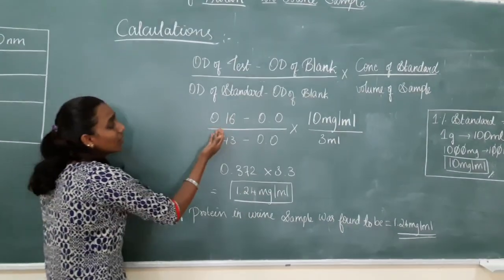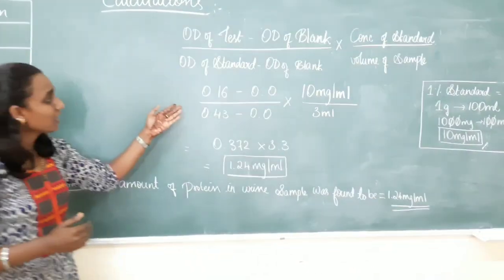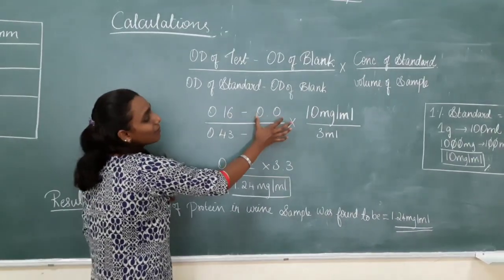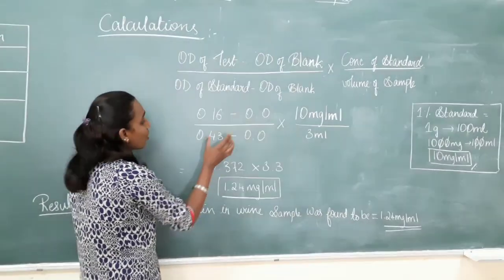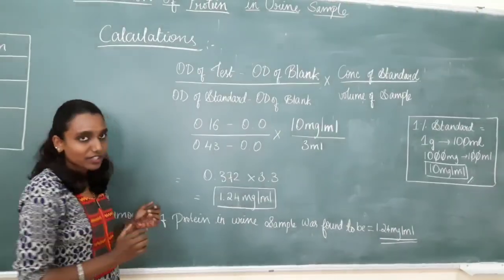When we plot all the values in this formula, the test OD was 0.16, blank was 0.0, standard was 0.43 and the blank is 0.0.